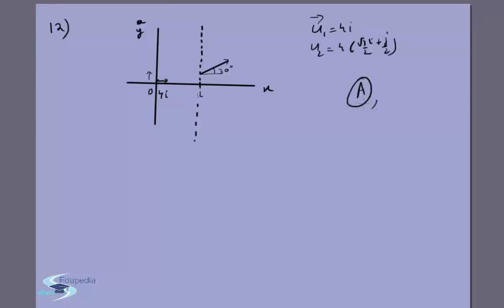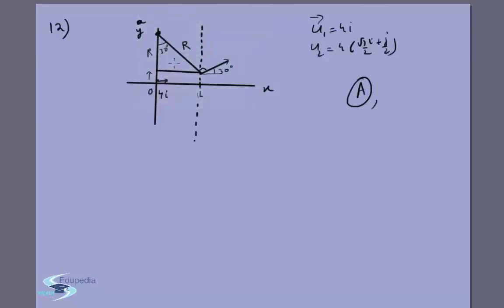Then we need to calculate the magnitude. Let's say this was the center of the circle about which it was going. So this is R and this is also R. Because this is 90 degrees and this is 30 degrees, this is 30 degrees too. We are just trying to calculate the value of R at this point.